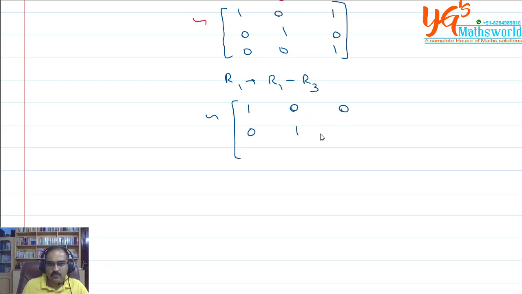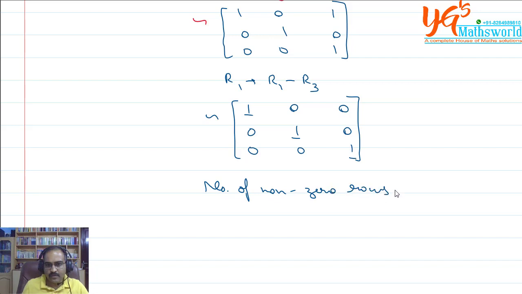So 0 1 0 0 0 and 1. Now all the three elements which are existing right now, that is 1, 1 and 1, are on the diagonal, so they can't be cancelled out in any case. So that means the number of non-zero rows is equal to 3. So rank of A is equal to 3.